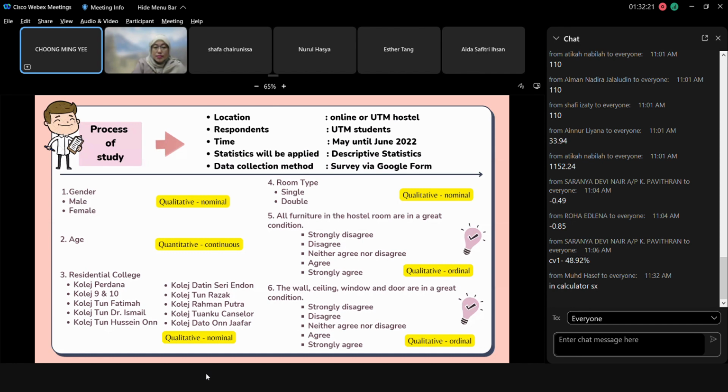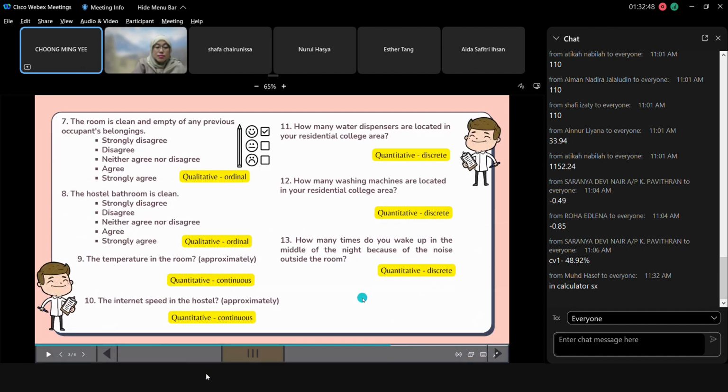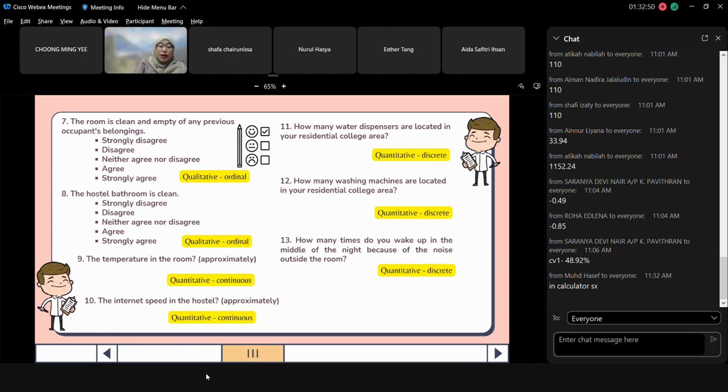The statistic applied could be descriptive statistics, since this statistic can be done for population or sample, and the data collection method will be a survey via Google Form. So these are our sample questionnaire. So that's all from me, Doctor.